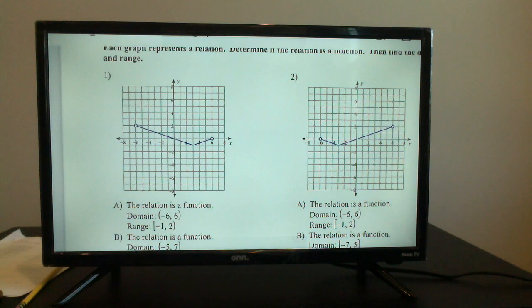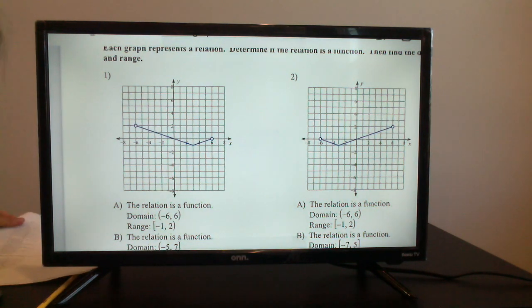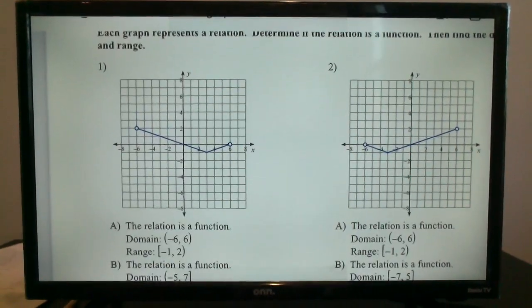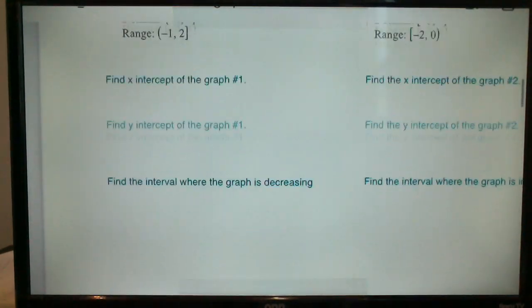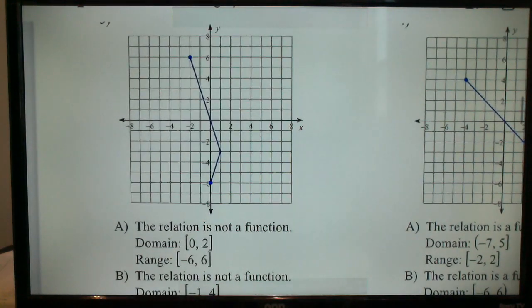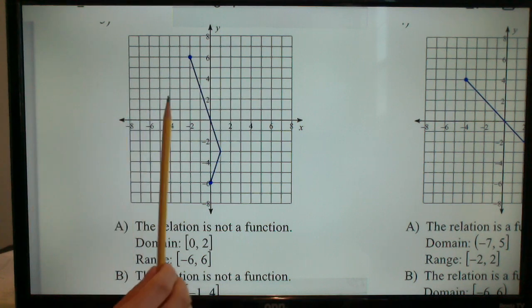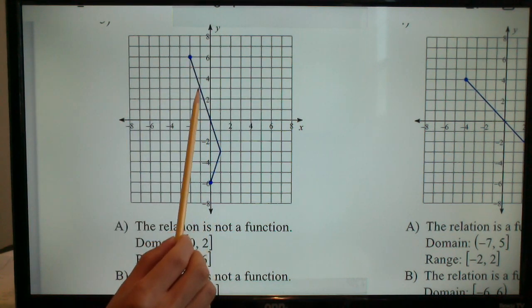Okay, I'll move on to 3. So let's see. It says whether the relation is a function or not a function. Look at this. When you have one x, you have only one y.